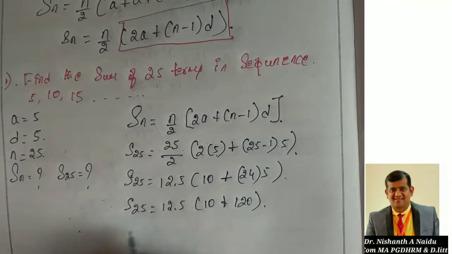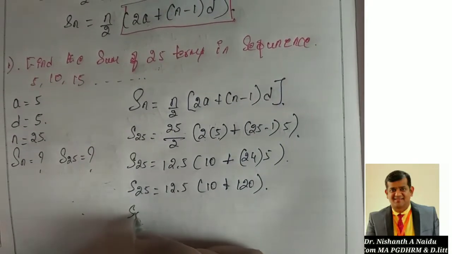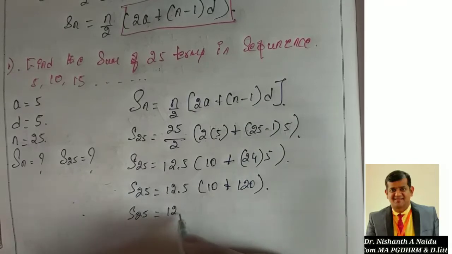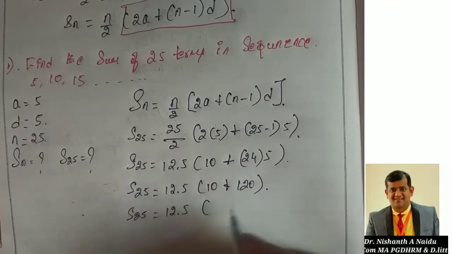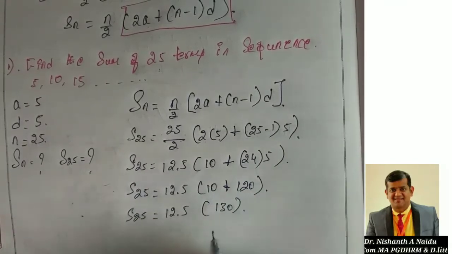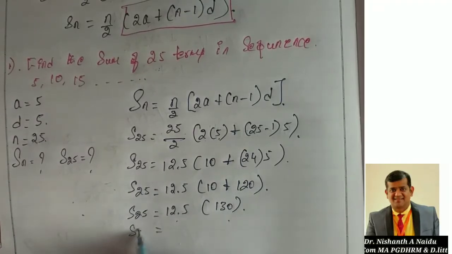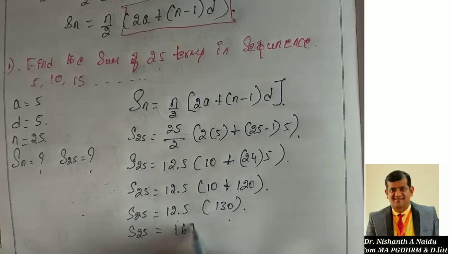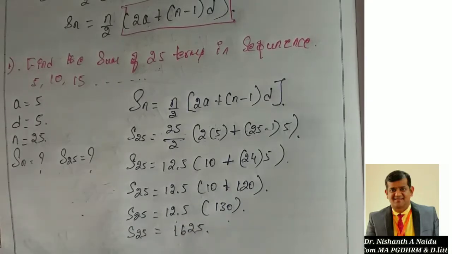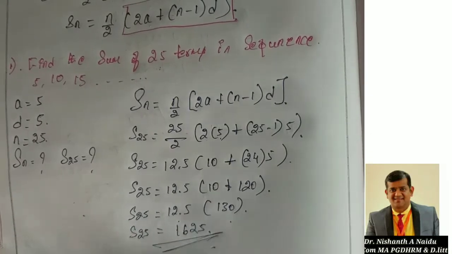Okay. So in the next step, we will have S25 equals 12.5 into 10 plus 120, that is 130. So 12.5 into 130, multiply that. So you will get S25 as 1625. So this is the answer.